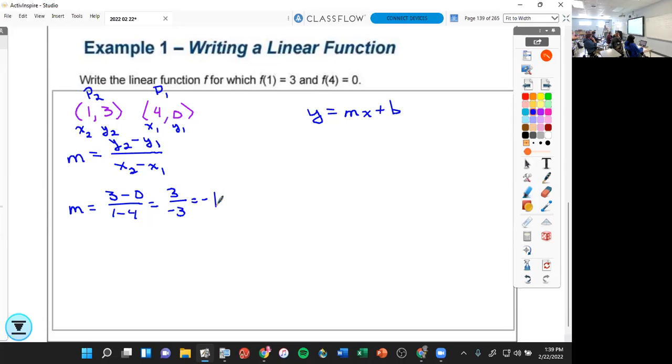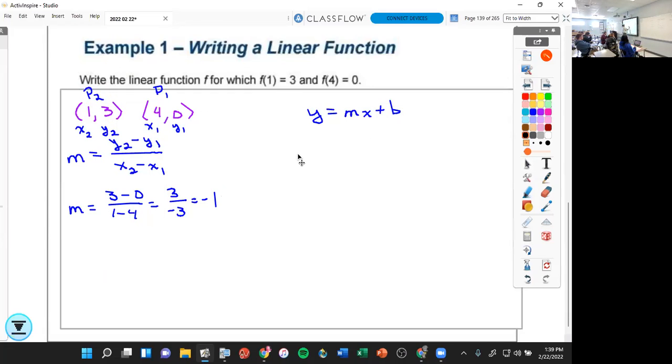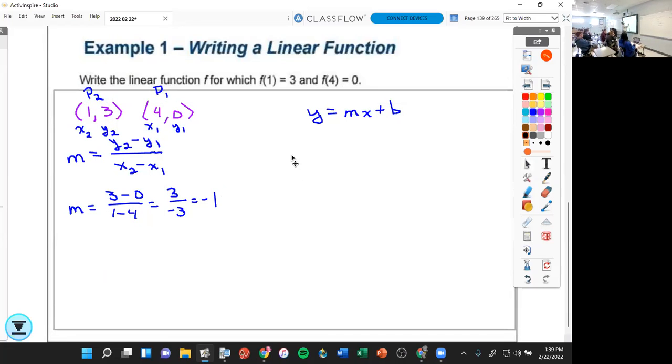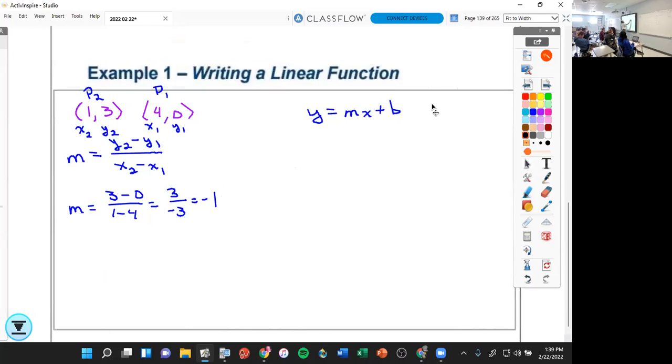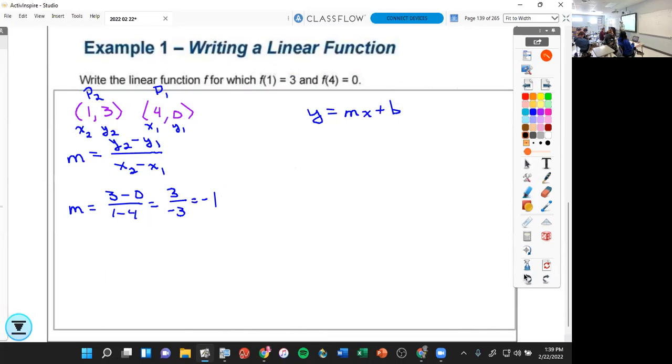You want to use the point slope formula? Okay, what I'm going to do here, folks, is do it 2 different ways. I'll start off with the point slope formula. Let me put that back. What's point slope look like?